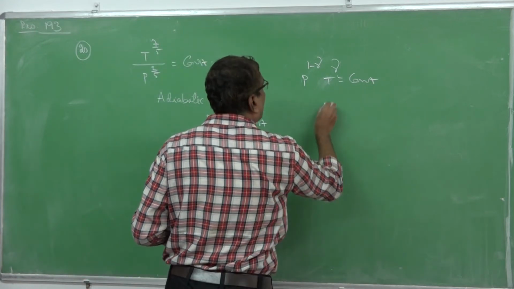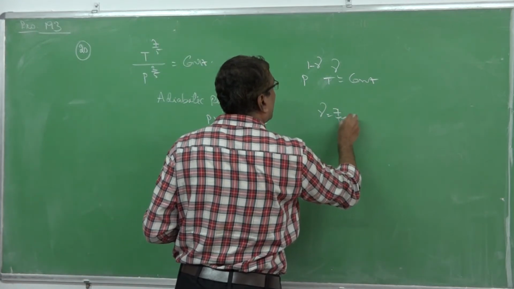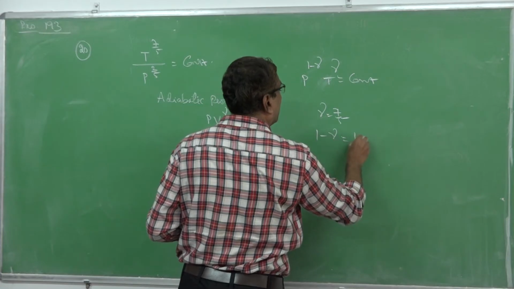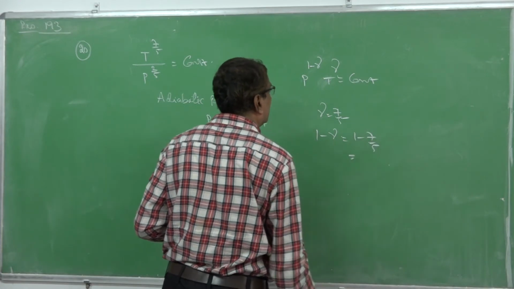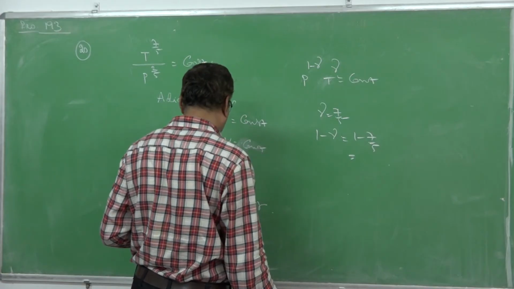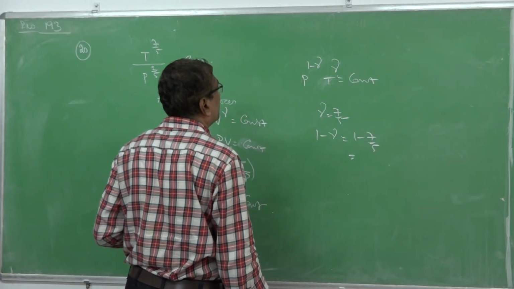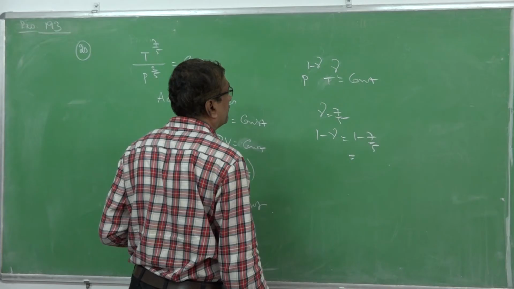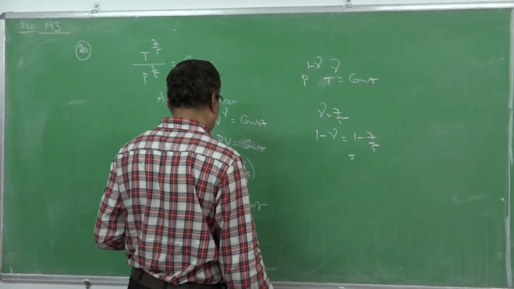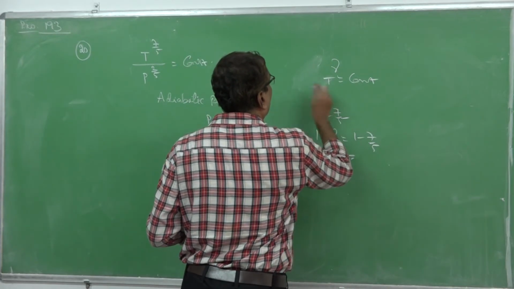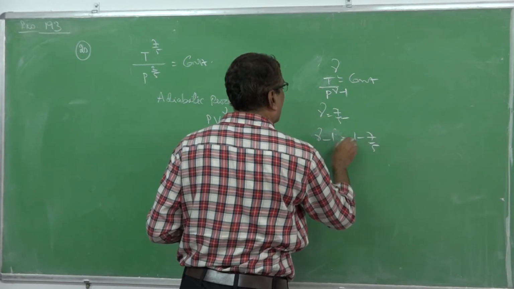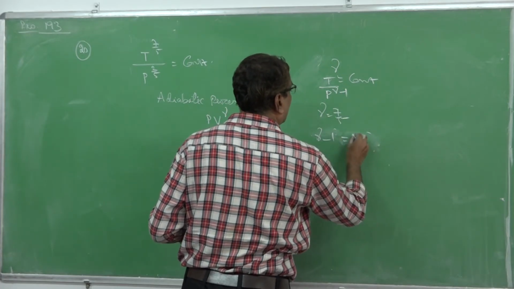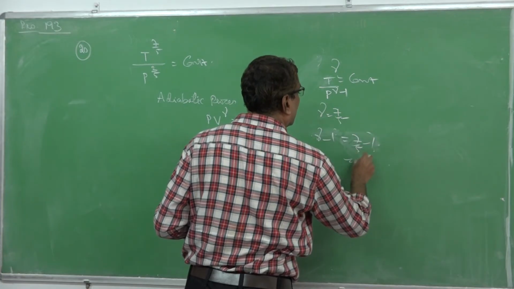If gamma is equal to 7 by 5, then 1 minus gamma is 1 minus 7 by 5. P power gamma minus 1, that is 7 by 5 minus 1, that is 2 by 5.